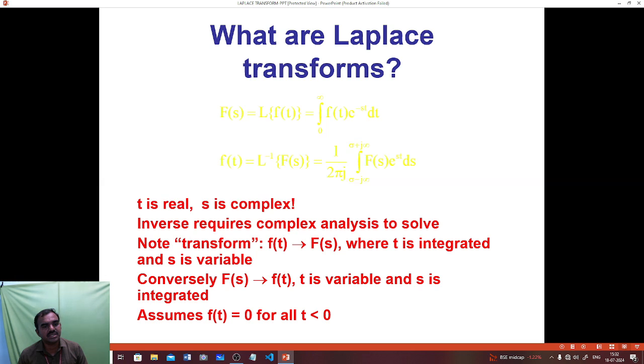So what is the Laplace transform? What is the basic formula? F of s equal to L of f of t is equal to the integration from 0 to infinity of f of t e power minus st dt.